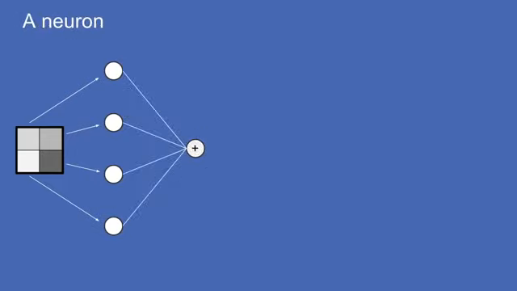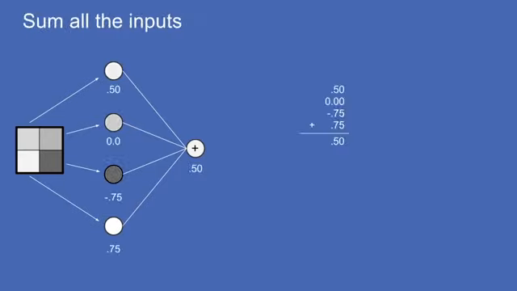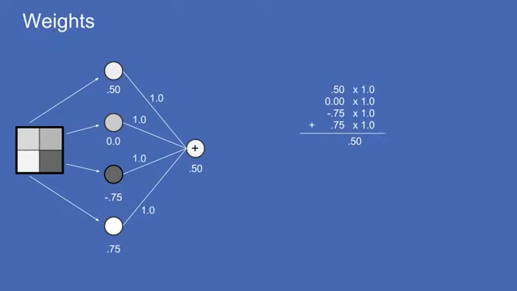Now, to build a neural network, we create a neuron. The first thing this does is it adds up all of the values of the input neurons. So in this case, if we add up all of those values, we get a 0.5. Now to complicate things just a little bit, each of the connections are weighted, meaning they're multiplied by a number.